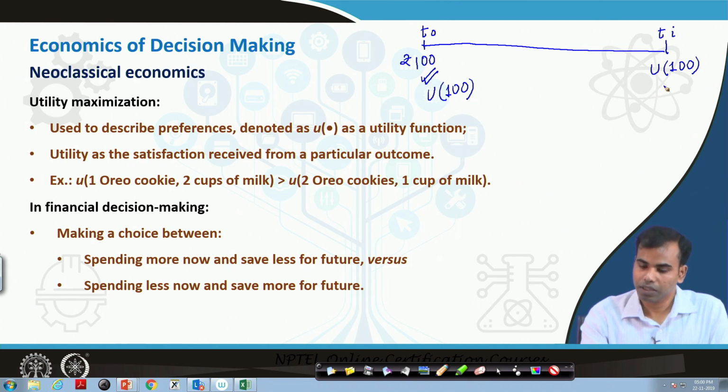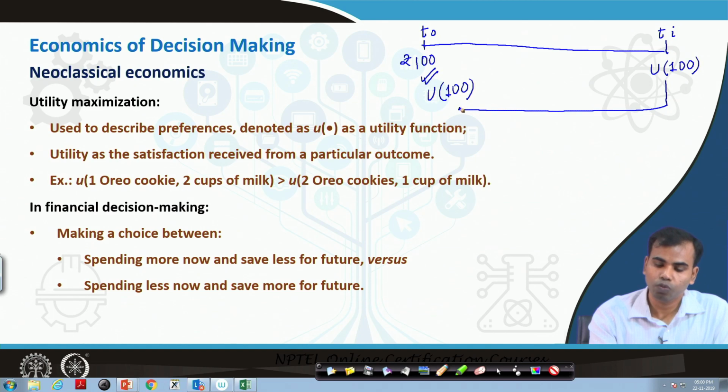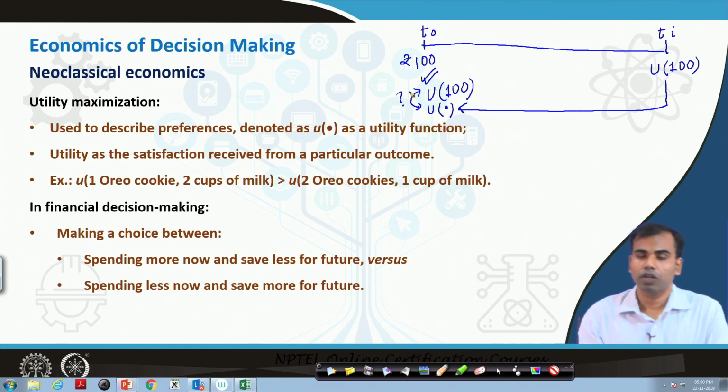So, the utility of 100 rupees at time 1 should be brought back to present time, that is t 0, and whatever utility that you get out of it should be compared with the utility of 100 rupees spent right now, and then accordingly the decision should be made.